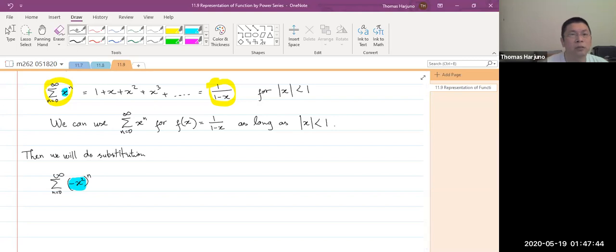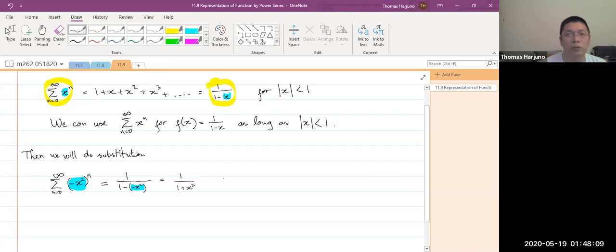So then I can represent this series by 1 over 1 minus negative x squared, which is 1 over 1 plus x squared.